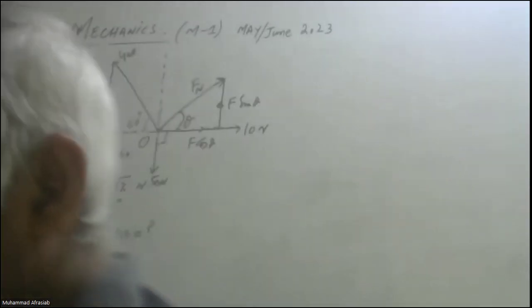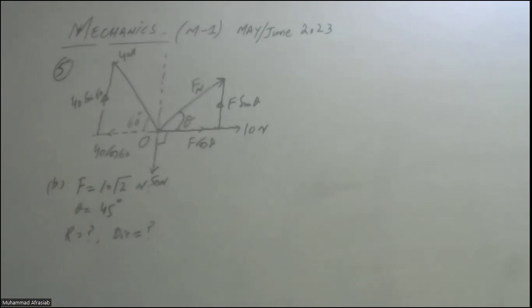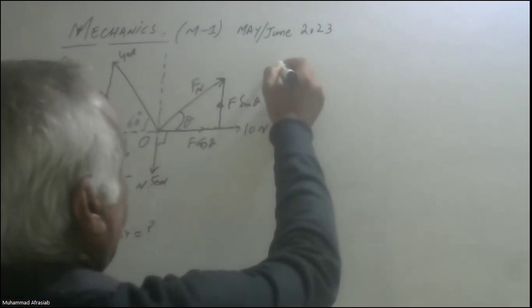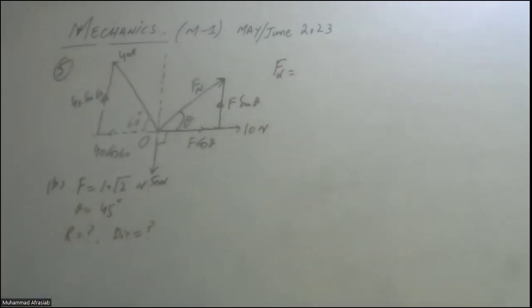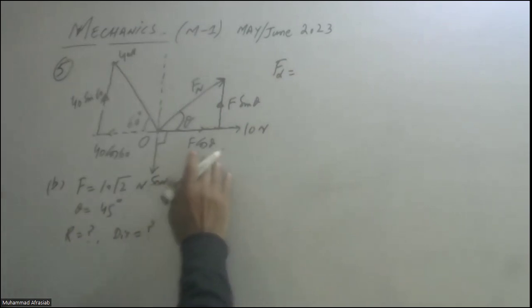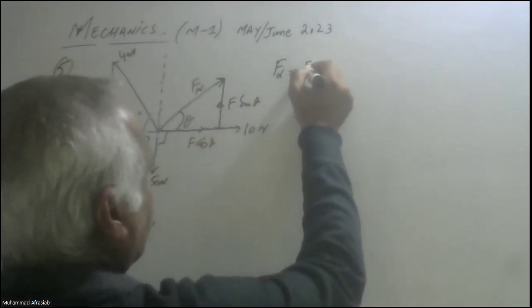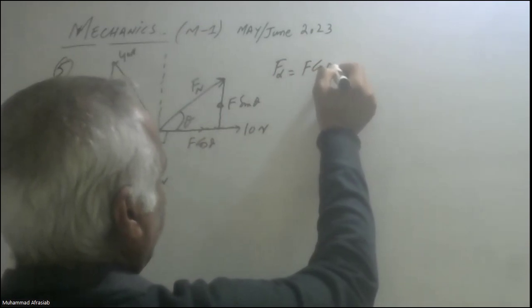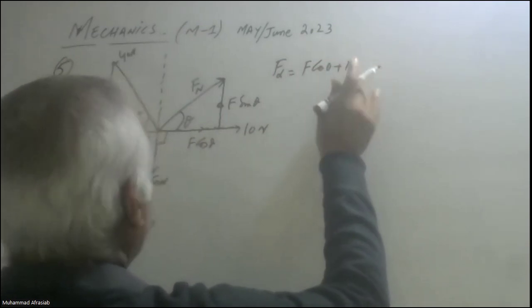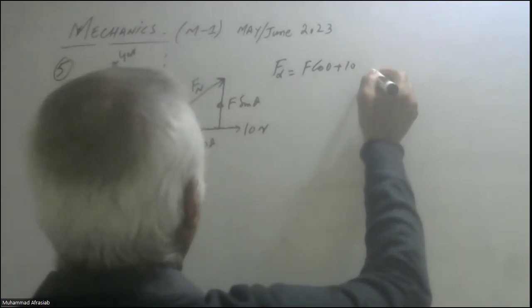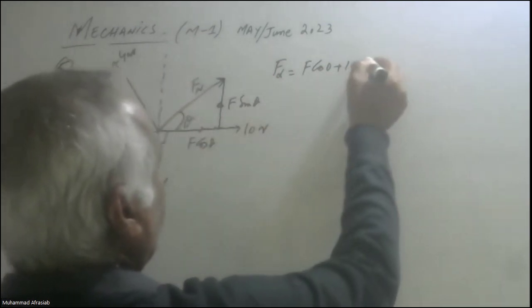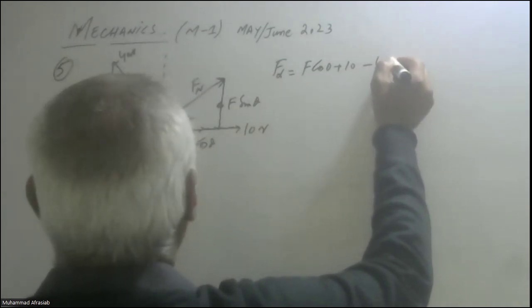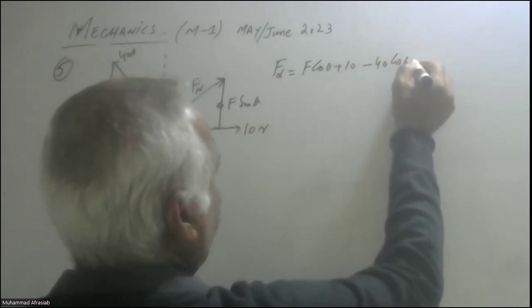Now, because they are asking for the net resultant force and the direction, we are going to resolve into Fx, all the horizontal components. That should be equal to F cos theta plus 10 minus 40 cos of 60.